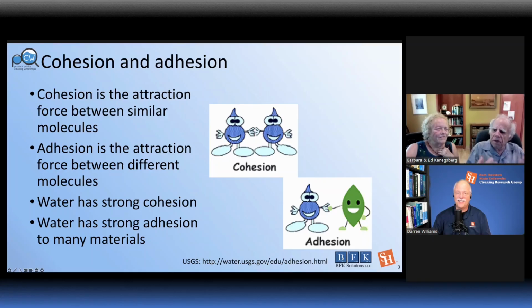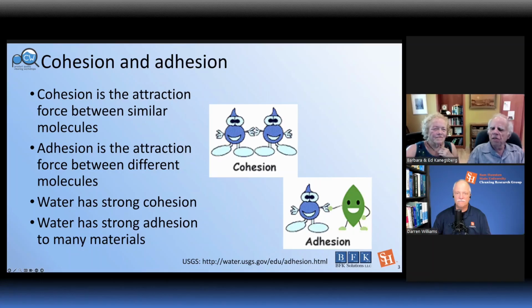We're interested in presenting surface tension because it's one of the most important parameters that determines how well a chemical might be able to get into areas of your product and to clean it, to wet it and clean it. So in order to do that, we have to talk about the properties of cohesion and adhesion.